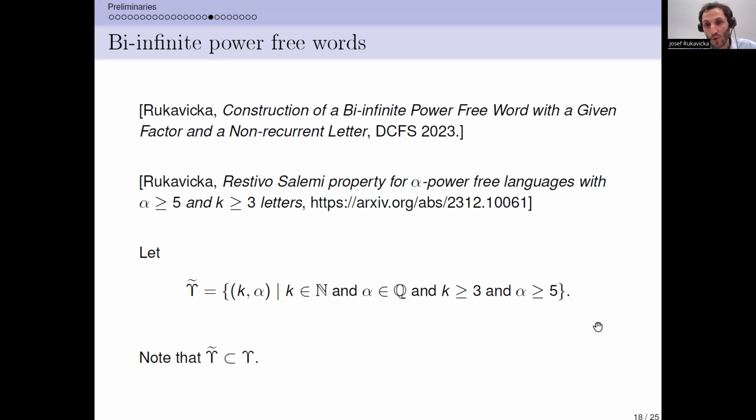For example, the reduction can be seen in alpha. In the previous configurations, I proved the results for alpha bigger than 2. In this case, I had to reduce it to alpha bigger than 5. So considering bi-infinite words brought some challenges that I wasn't able to cope with, and to be able to prove at least something, I had to consider just powers bigger than 5.